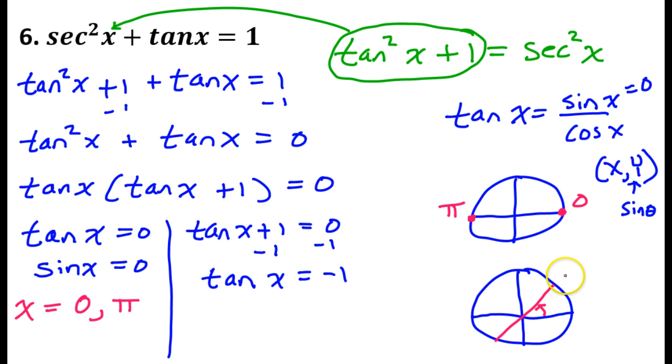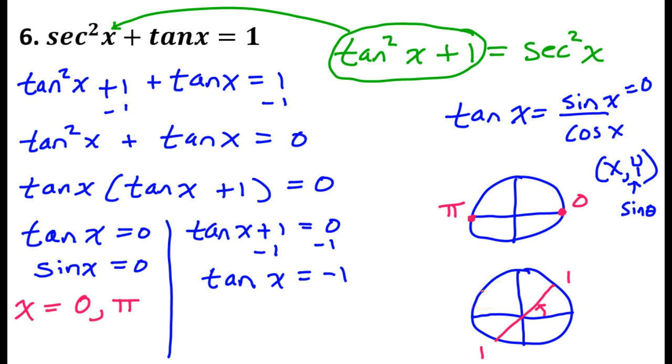And guess what? It's also going to be 1 here. The reason being is because tangent is equal to sine over cosine. So in this quadrant, both of those are positive, so you're going to get a +1. Now in this quadrant, they are both negative, and a negative divided by a negative is also a positive.